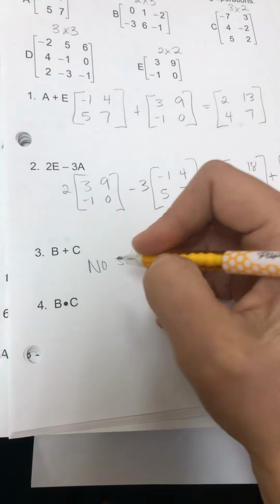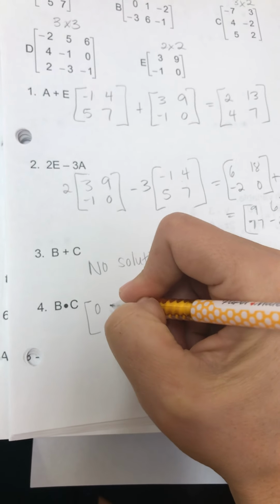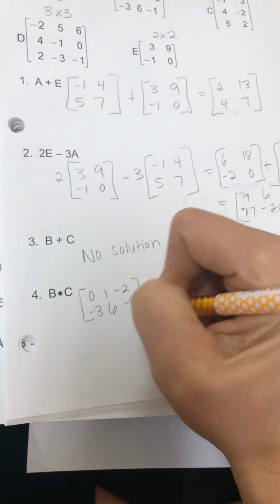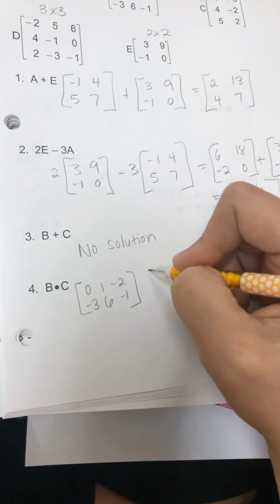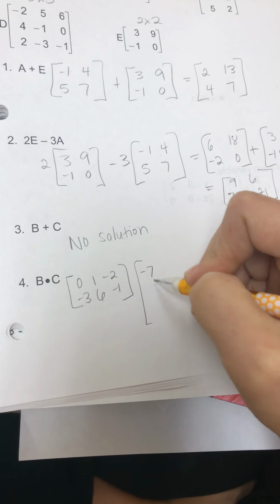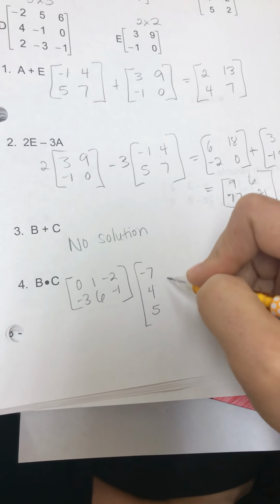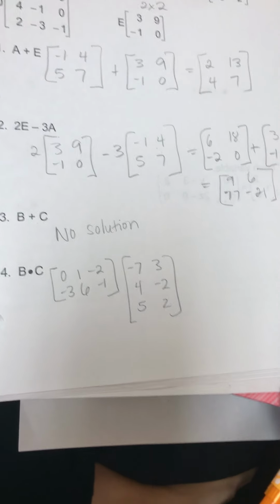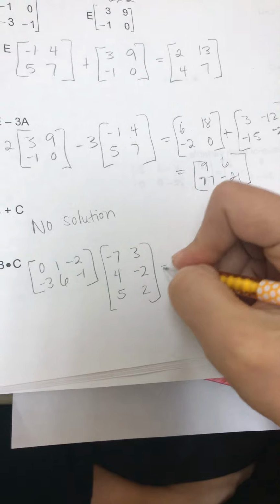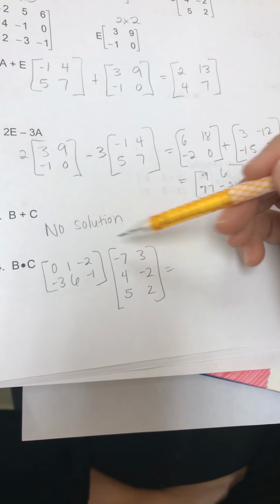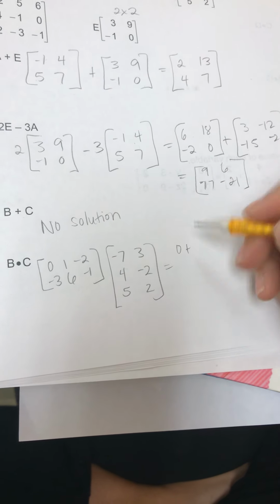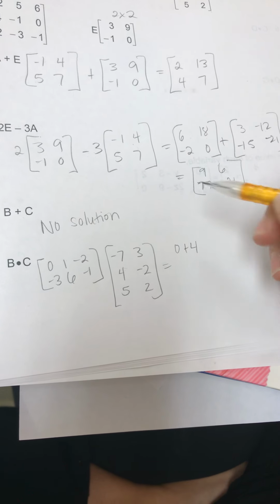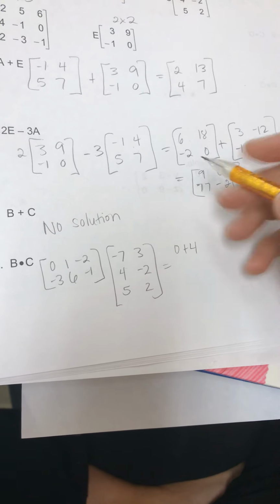B is [0, 1, -2, -3, 6, -1], times C, which is [-7, 4, 5, 3, -2, 2]. Now you're going to get 0 times -7 is 0, plus 1 times 4 is 4. -2 times 5 is -10.